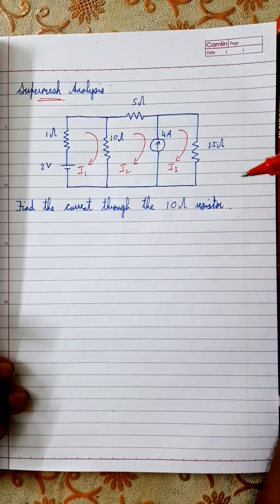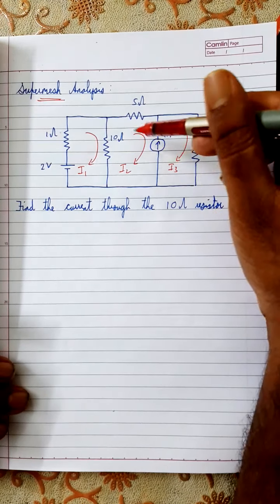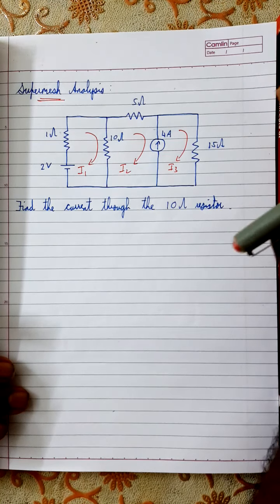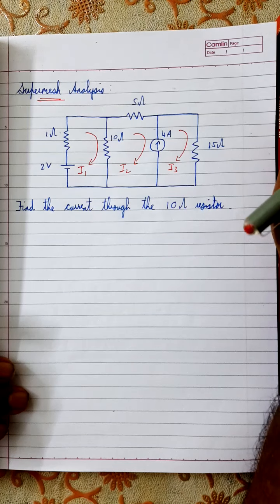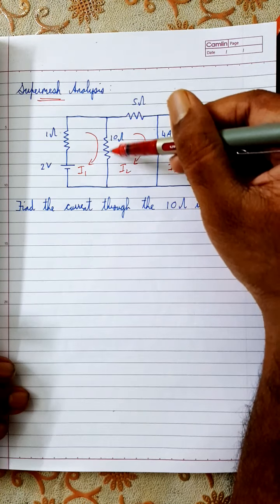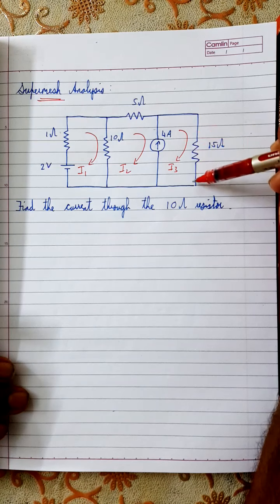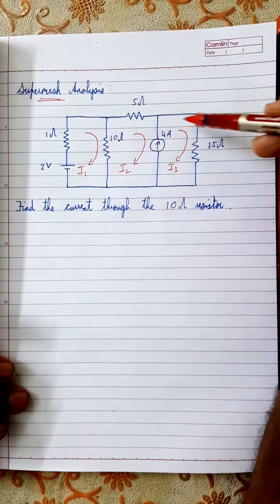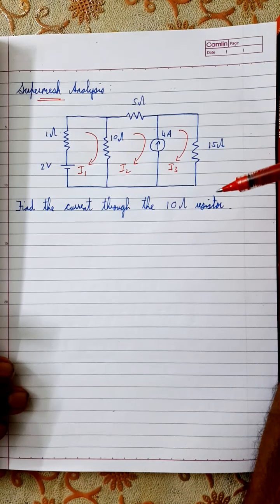But the good news is that Kirchhoff's voltage law does not include only the mesh. You can apply Kirchhoff's voltage law across any closed circuit, which means you can apply it across this outer mesh. And this outer mesh is what you call the super mesh, right?